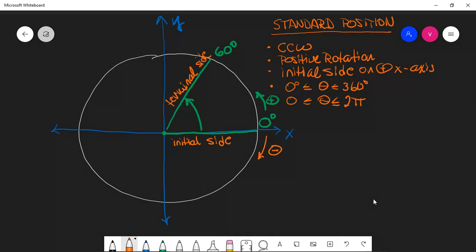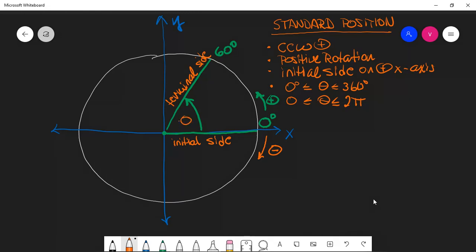So when you have a counterclockwise or a positive rotation, that's positive, those two things are the same. You start with your initial side on that positive x-axis here, and your angle is between 0 and 360 degrees, or theta stands here.